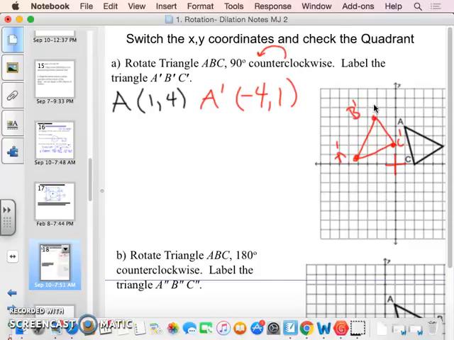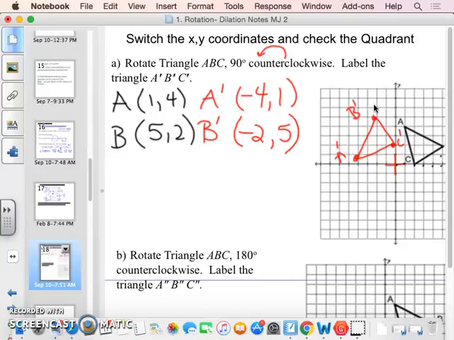Let's see if that same thing happens for B. So the coordinates for B are at 5. Let's see, you start here, you go 1, 2, 3, 4, 5, up 2. So the coordinates for B are 5, 2. So I'm going to predict that my new coordinates for B are going to be at -2, 5. Let's see if that's true. So I'm going to start here.